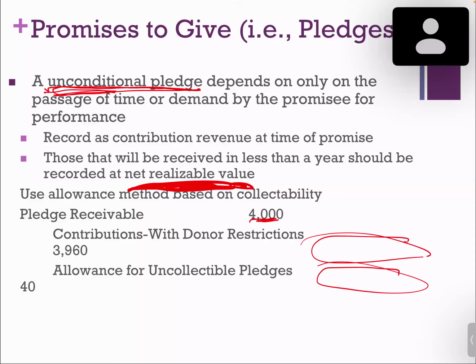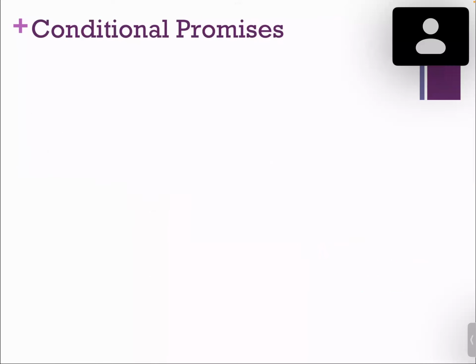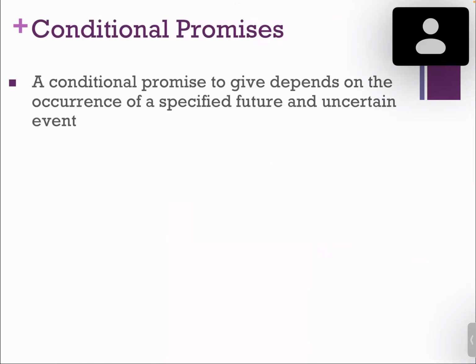And we just base that off of like either industry standards or some percentage that we've calculated within our organization or something like that. Okay, so that's unconditional pledges. Then when we collect the money, and in this case, we collected the full amount, so we debit cash with donor restrictions and then credit, reduce down the pledge receivable account. Sorry, that's cut off.